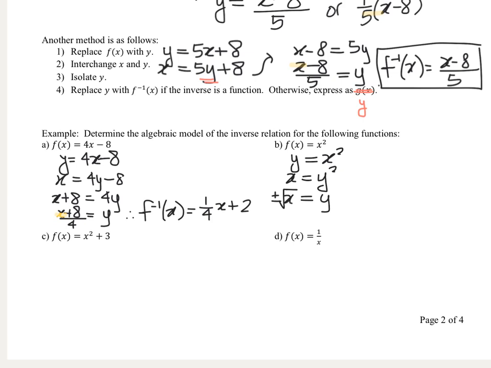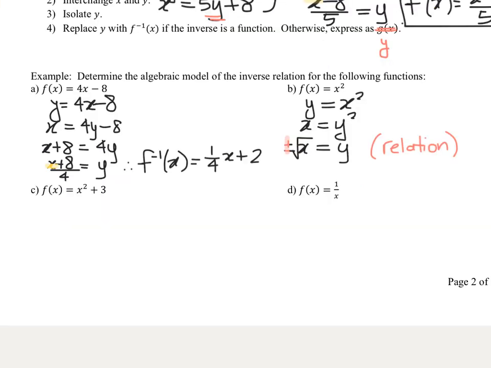Okay, so we have y equals plus minus root x. And if you remember back from one of the first lessons of this unit, anytime you see this plus minus in front of root x, this indicated to us that this was just a relation, okay, not a function. So we're not going to replace y with f inverse notation.